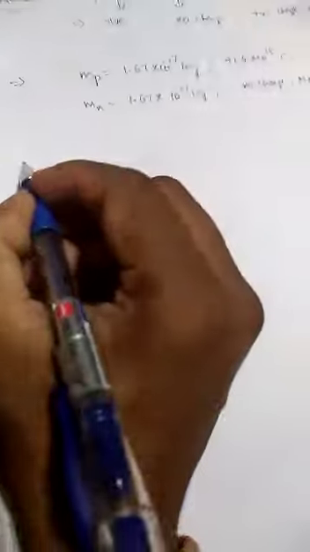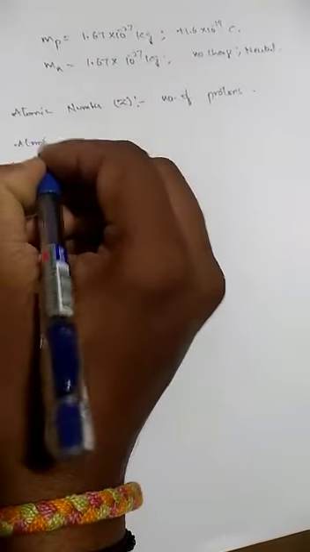So now, based upon the protons, we can calculate the atomic number. The atomic number is denoted by capital Z, meaning the number of protons present in an atom is called the atomic number. And similarly we can calculate the atomic mass number also.